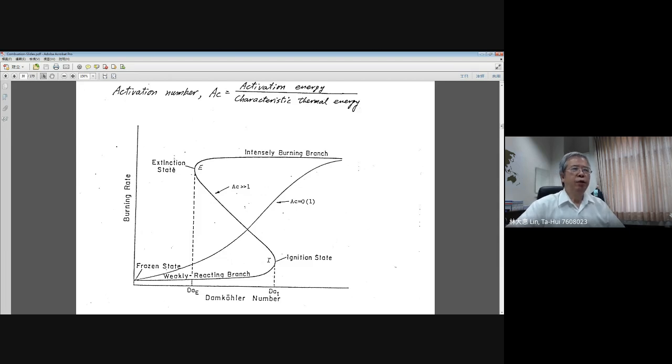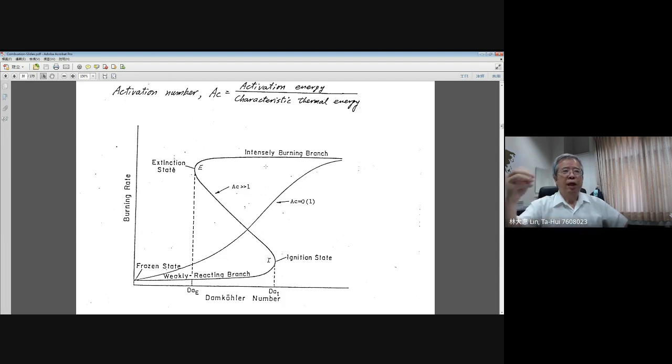Okay, now when you bring these two ideas together, they describe the transient states of extinction and ignition by this S curve. Initially you may have a frozen state, and you increase your Damköhler number to a certain value, the Damköhler number at ignition. Then the state will jump from I to the upper burning branch. The I state means that before ignition, there is no flame you can observe, but when ignition is achieved, it will jump to the flame.